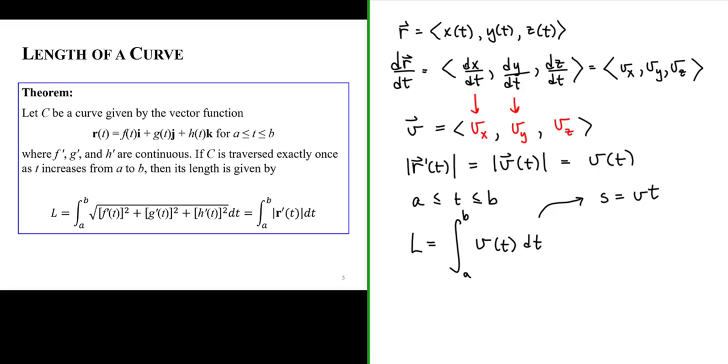Now, these aren't exactly the same two quantities, but the idea is related, that the length of a curve between 2 points, if we traverse those 2 points exactly one and only one time, is described by the magnitude of the rate at which that curve changes with respect to time.